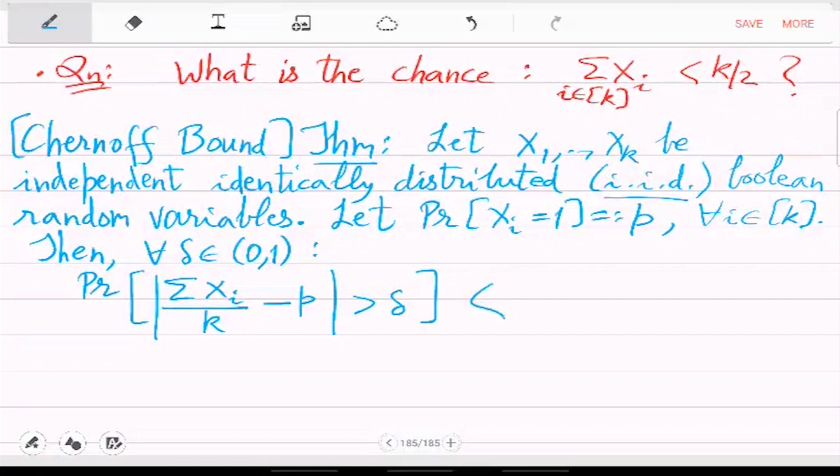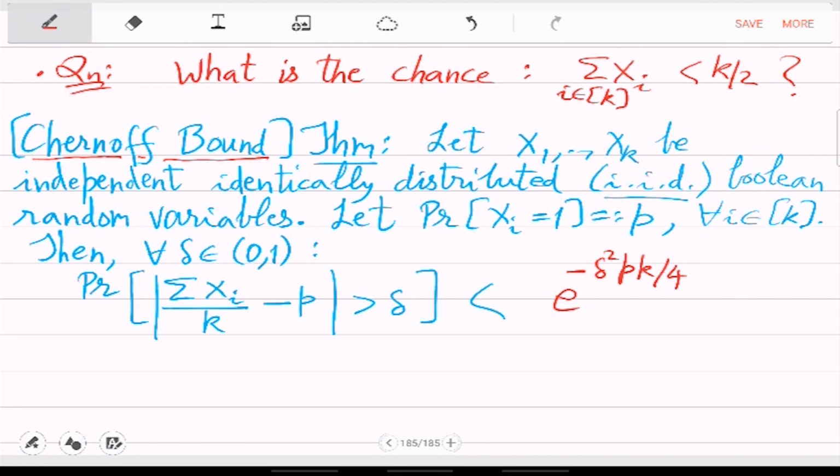That is what the Chernoff bound says. It says that the probability is smaller than e raised to minus delta square pk by 4. So the chance that the average of these k experiments is away from p. P is also the expectation, right?